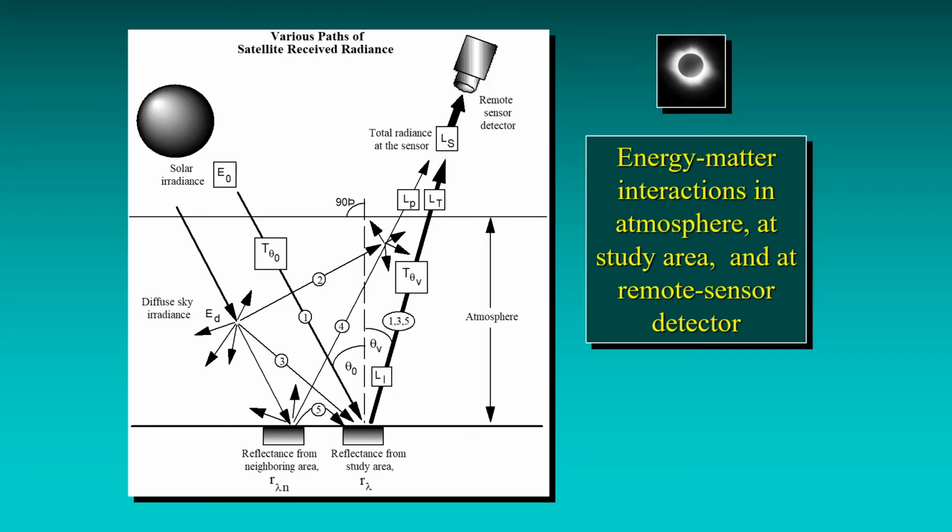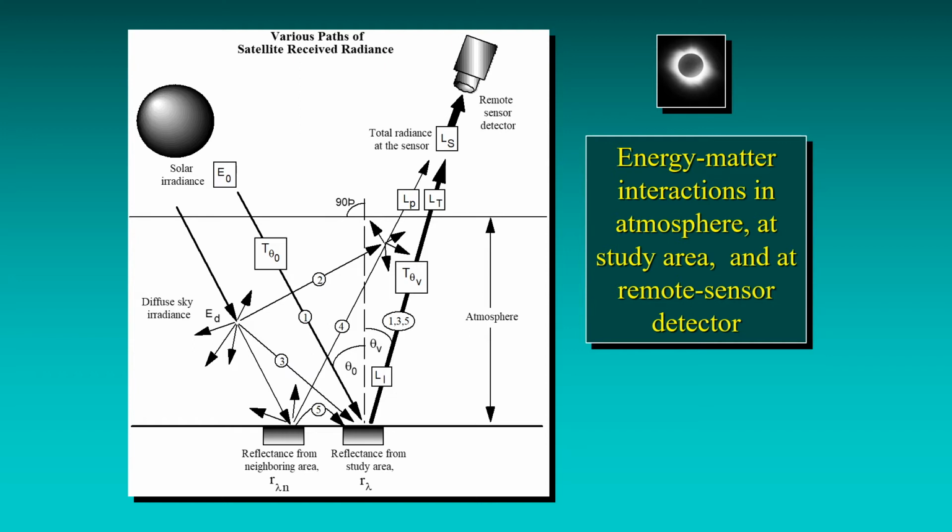This is the overall sun-target-sensor geometry, whereby, again, we have solar, what we call irradiance. That's an important radiometric quantity that we'll define very specifically later on. But it's energy from the sun that is propagating through the vacuum of space, interacting eventually with the Earth's atmosphere, which we see in the diagram here. And that energy is going to take various paths through the atmosphere.